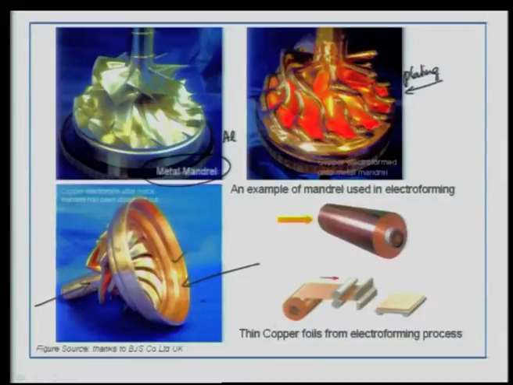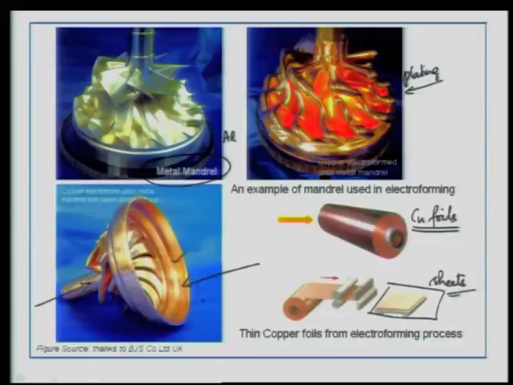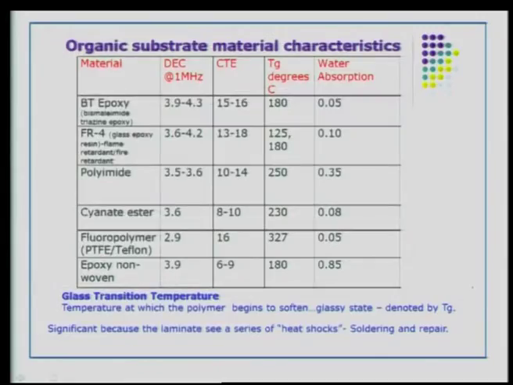Similar to this process, these copper foils can be generated, as I explained in the previous slide figure, and then you will get these rolls, which can then be cut into sheets of various dimensions and sent to manufacturing. So, copper foils are produced by the electroforming process.